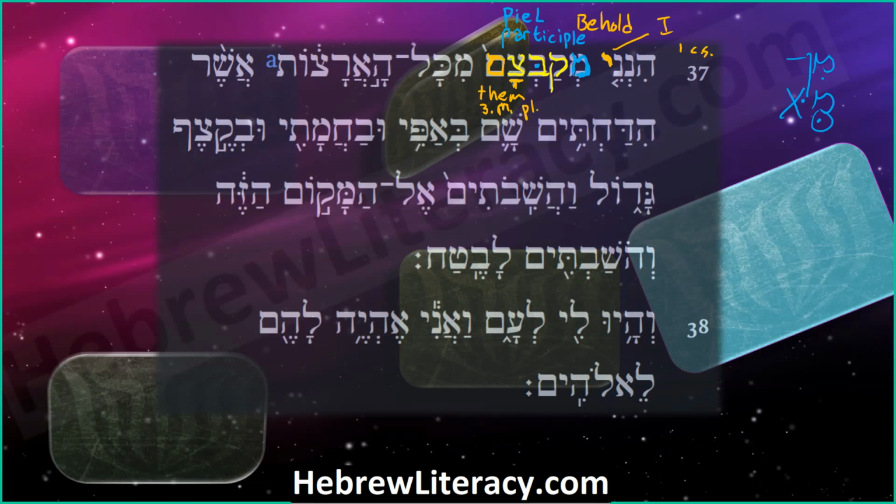Behold, I will gather. The tense is set by the previous verse. Remember, participles have no tense. If you've studied modern Hebrew, forget it. This is not the present tense. There is no tense at all in a participle. We have to figure out the tense based on the verbs that are in the verse or the verse before it, etc.